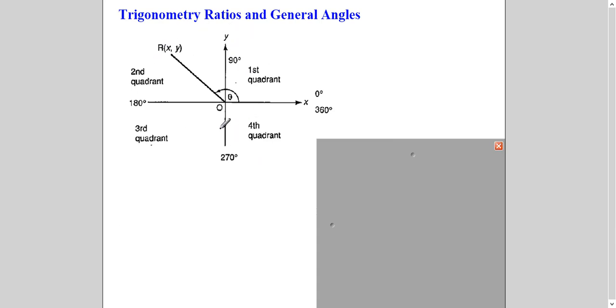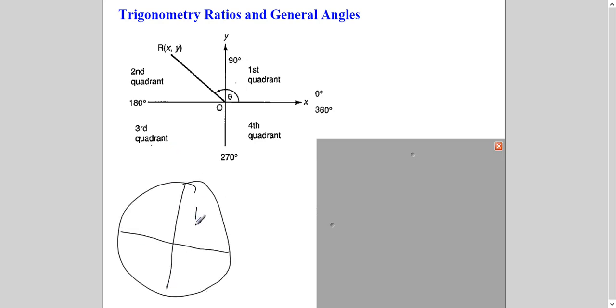When you have the XY axis, these are called quadrants, right? When you divide the circle into 4 parts, this is called the first quadrant, second quadrant, third quadrant, fourth quadrant. And the angles, if we are measuring this way, go from 0 to 90, 90 to 180, 180 to 270, 270 to 360.